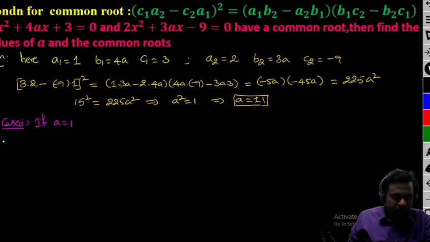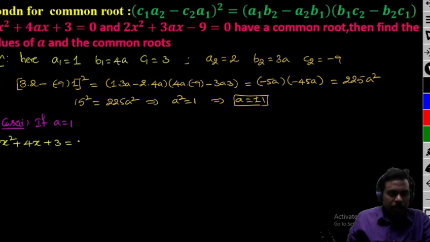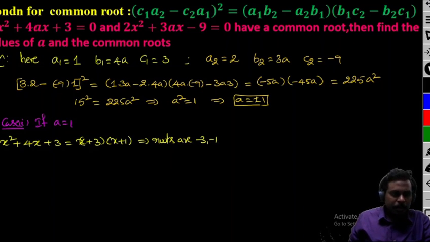So the first equation becomes x square plus 4 into x plus 3 is equal to 0, and this can be factorized as x plus 3 into x plus 1, implies the roots are minus 3 comma minus 1 here.